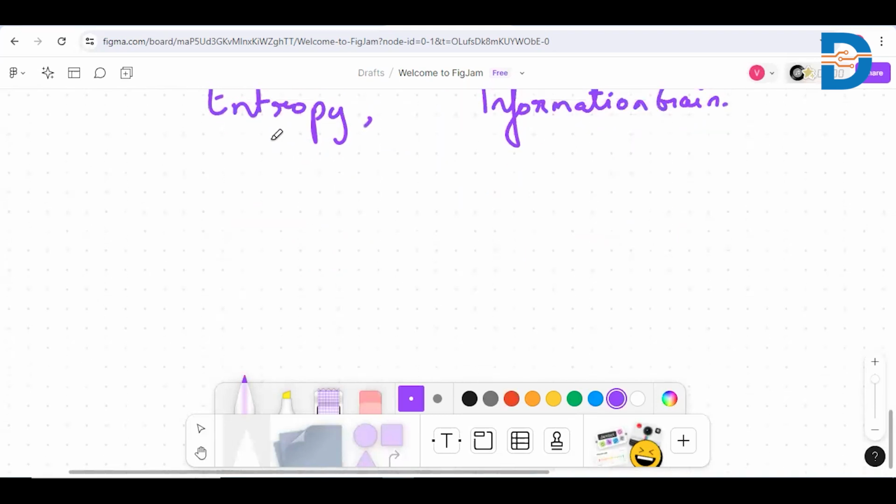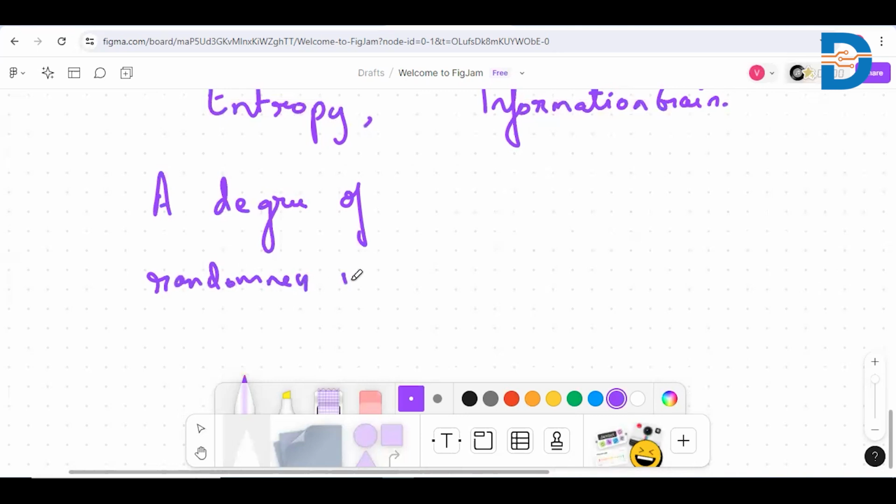In fact, entropy is something that you might have heard about back in your school days in chemistry classes. It was defined as the degree of randomness in the system. That is to say, the entropy value is going to tell me how random a system is.